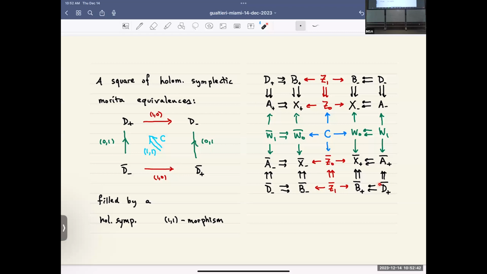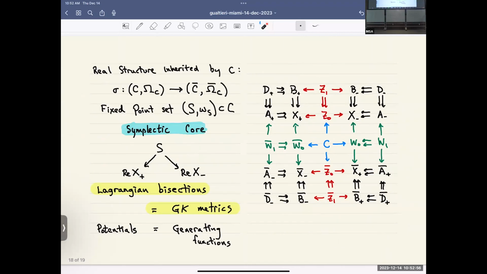So like this. And so what this ends up meaning is that C inherits an anti-holomorphic involution. It has a real structure, this C turns out to have. So this C inherits a real structure.